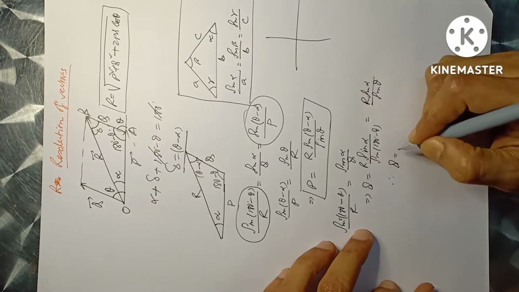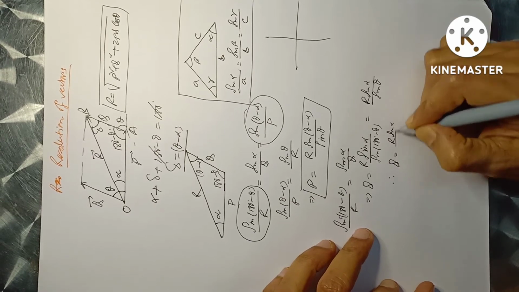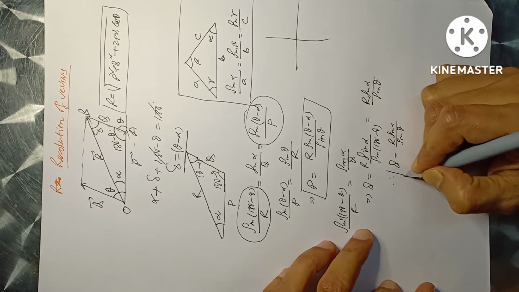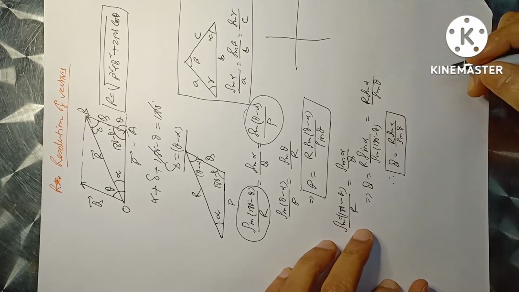So we can write Q equals R sin alpha divided by sin theta. This is another general equation.